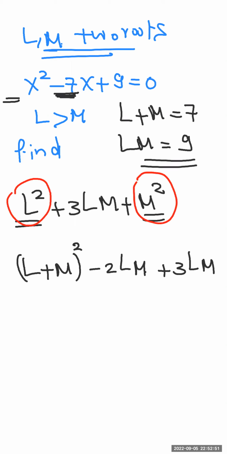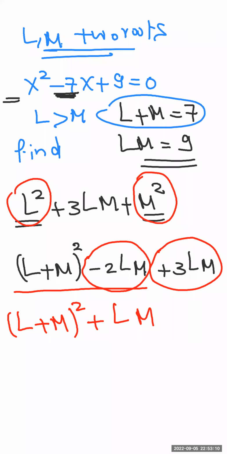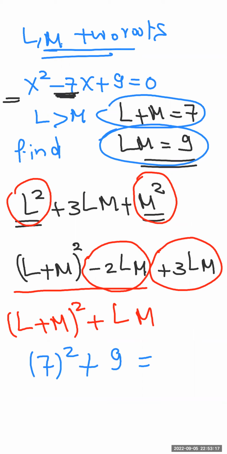The rule, L squared plus M squared, it's this one, then plus 3Lm. So L plus M to the power 2 plus Lm, because here negative 2Lm, positive 3Lm, so Lm. The sum of the two roots to the power 2, 7 squared. The product of the two roots, 9. So 49 plus 9 equals 58. I'm done.